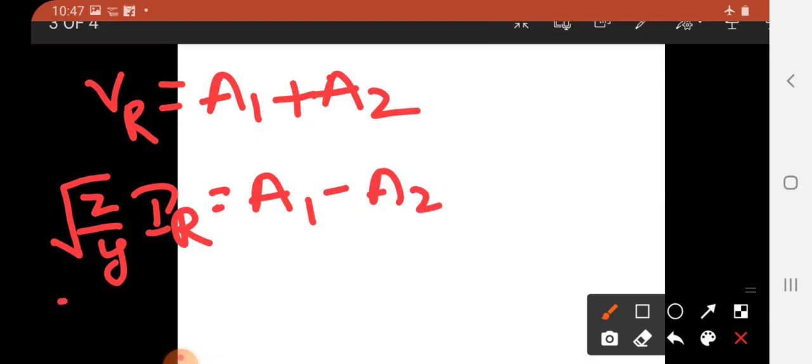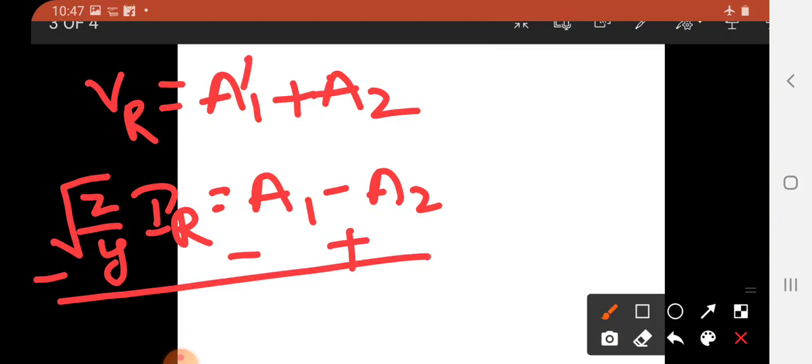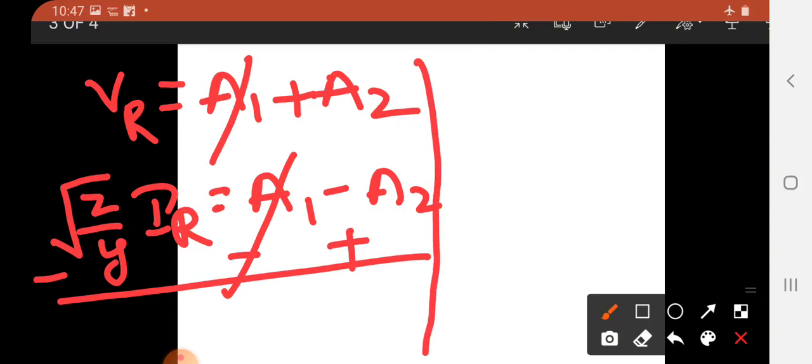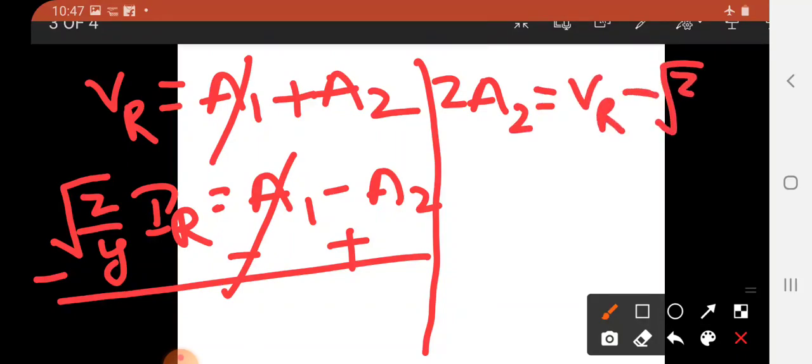If we subtract these two, then A1 cancels. So hence we can write 2A2 is equal to VR minus square root of Z by Y into IR.